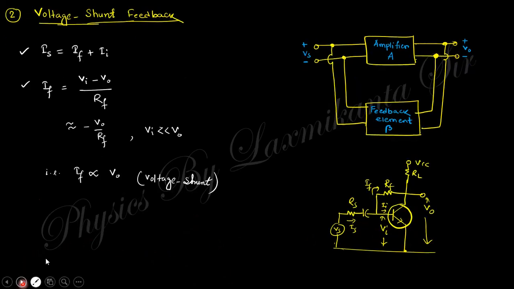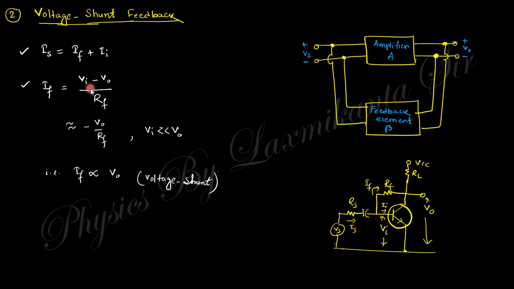In the case of voltage shunt, shunt means parallel connected. You can see the output voltage is fed into the input as a current. So Is, the source current, is nothing but If plus Ii.